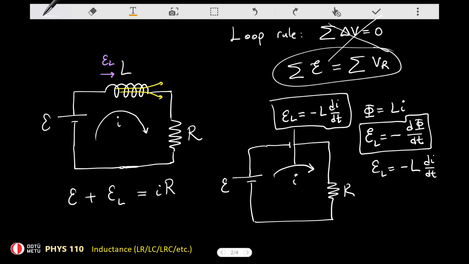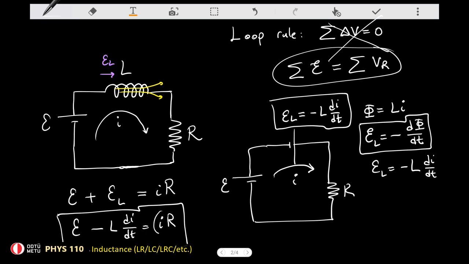In any case, we are not done. I'm going to write down the EMF on the inductor in terms of the rate of change of the current. The EMF of the battery is constant. So I'm going to write minus L di over dt in here. That's equal to I times R. So basically, this is a differential equation for the current. Current is a function of time.